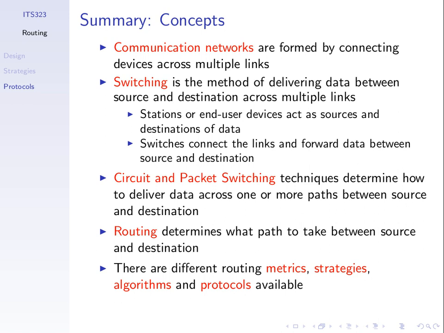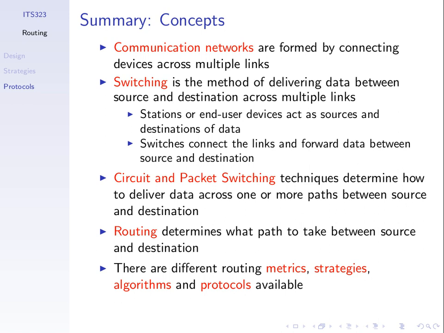We've covered there are two general approaches for switching, circuit switching and packet switching. Inside packet switching, there's virtual circuit packet switching and datagram packet switching, so really three approaches in total. Routing is the way to find the path from source to destination.